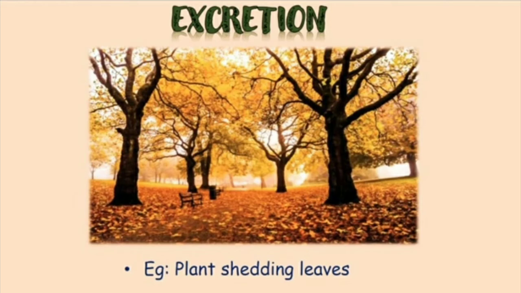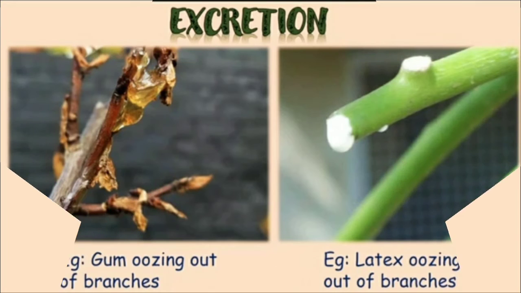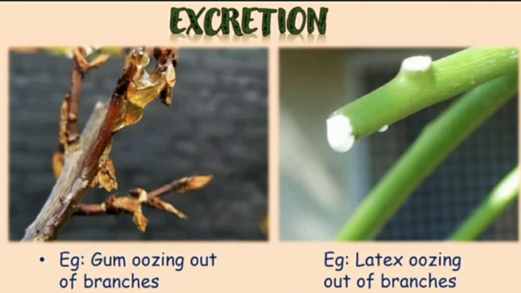Now look at this picture, children. In the first picture, you could see gum oozing out of the branches. You must have observed this, children. When a small part breaks off a plant, gum oozes out. So this is a way of excretion.